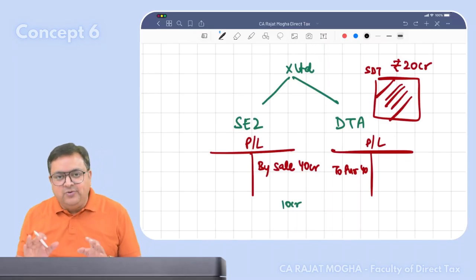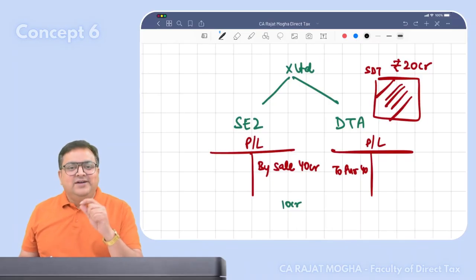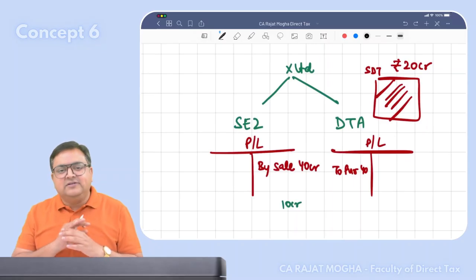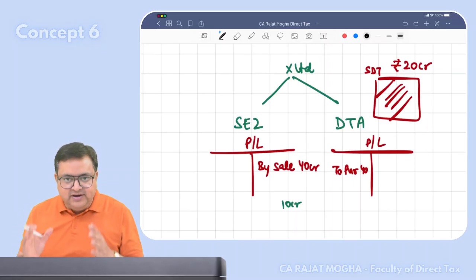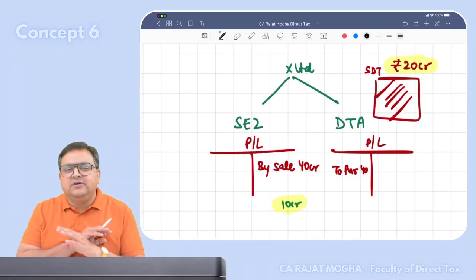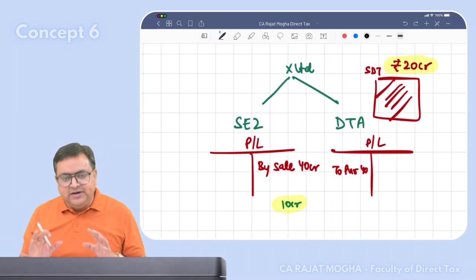If it does not exceed 20 crore, leave it. This is very important: if the value of the total specified domestic transactions which you have undertaken exceeds 20 crore, then only please apply TP provisions. Otherwise, do not apply. Otherwise, these are not specified domestic transactions. We will leave it. Got it?